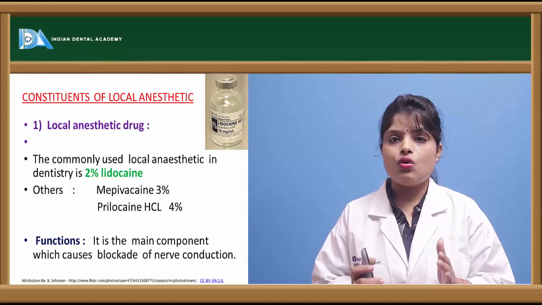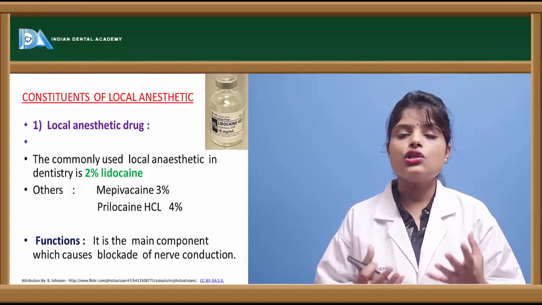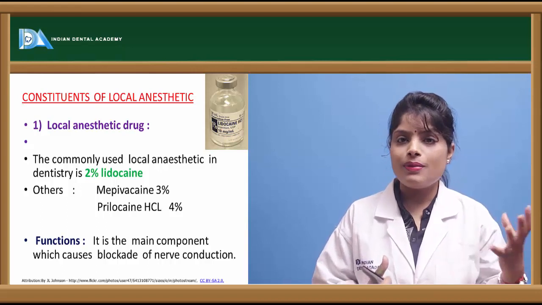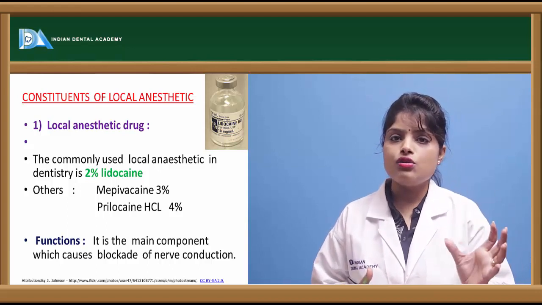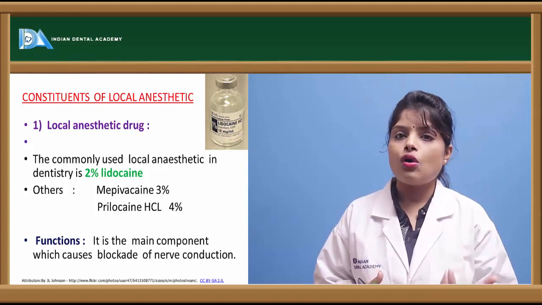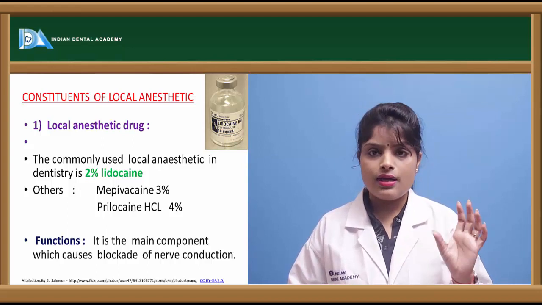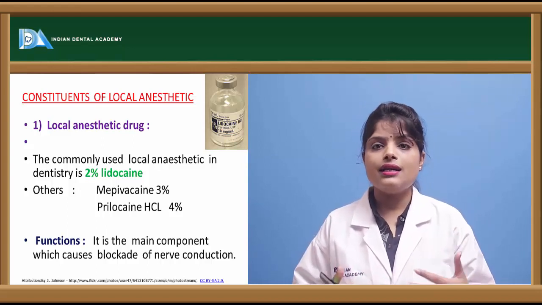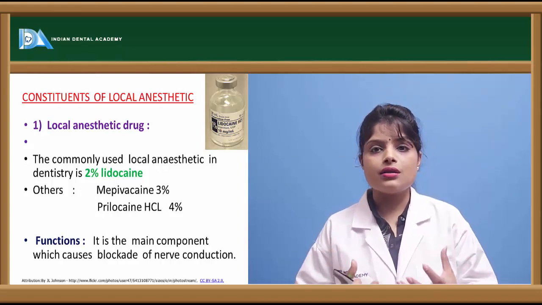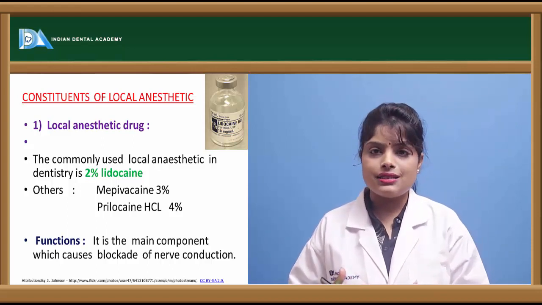Now let us know the composition, or what a local anesthetic solution comprises. Basically it is a solution, so it will contain water. Then, to maintain the isotonicity of the solution, it will contain sodium chloride. Then the main ingredient is the local anesthetic itself.